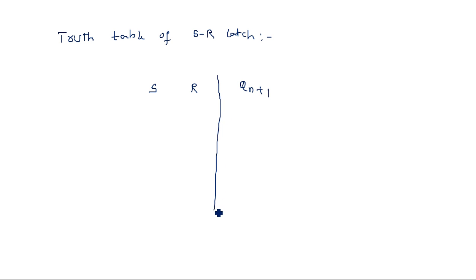So truth table of SR latch. S R output means Qn plus 1. So 0 0, 0 1, 1 0, 1 1. So 0 0 means previous state, which is Qn, no change. This is called no change.